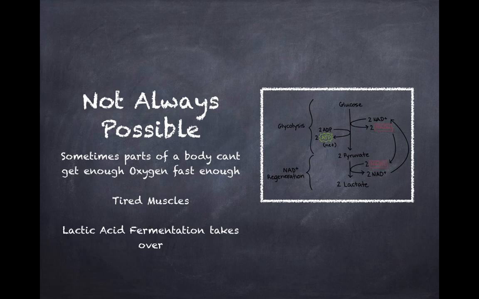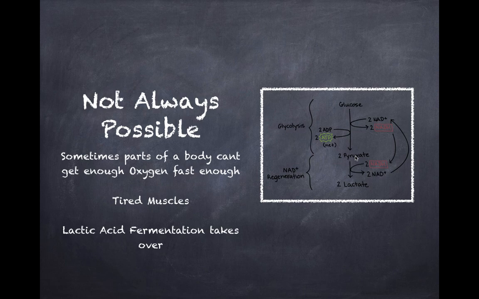So that is not always possible. Sometimes parts of a body can't get enough oxygen fast enough to keep up with ATP production in this way. That's why we get tired muscles. And when we run into that situation, for a short period of time, we can do lactic acid fermentation. So the glucose would be broken down into 2 pyruvates. That's glycolysis. We do that all the time.